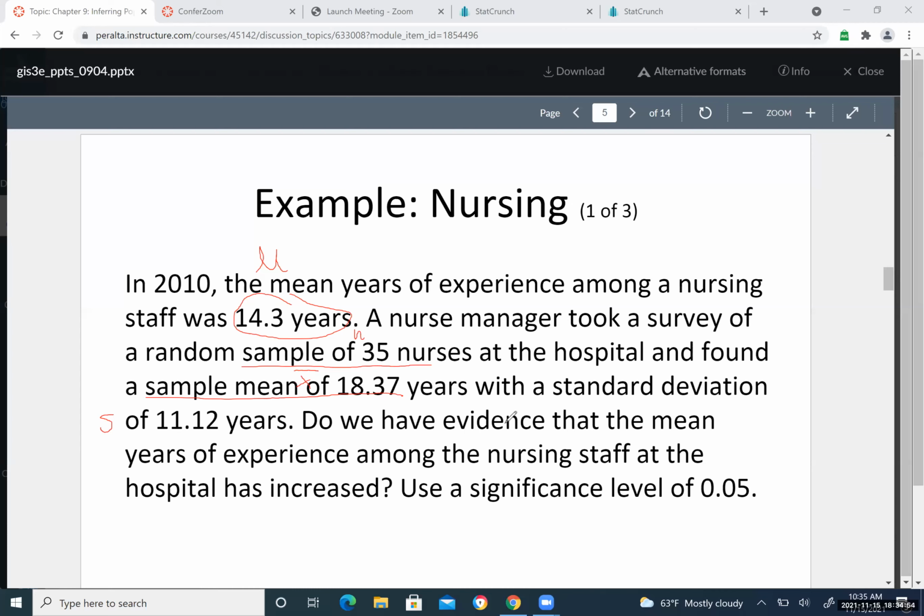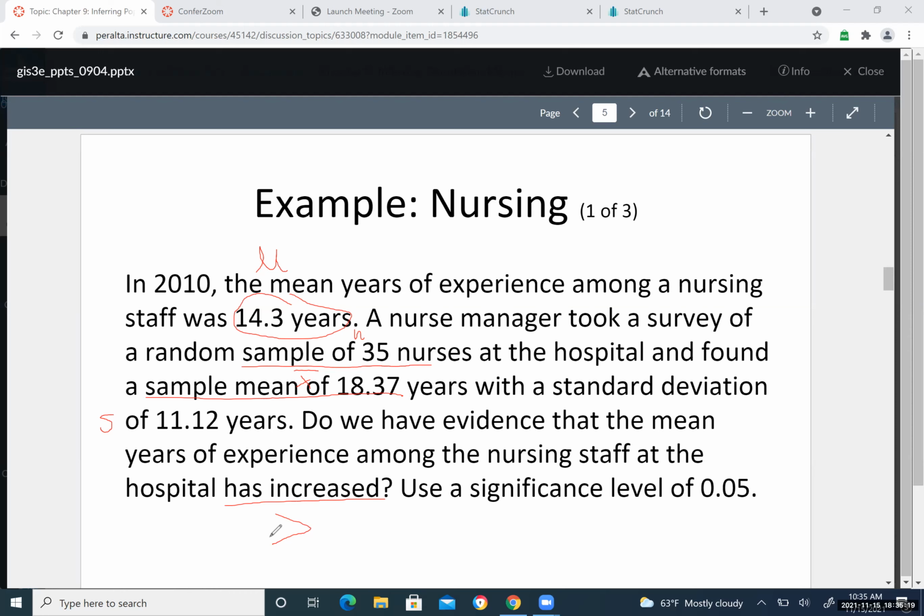Do we have evidence that, so here is our claim, right? Do we have evidence that the mean years of experience among the nursing staff at the hospital has increased? So this is what we are wondering. The keyword here is increased, so you think about greater than, right?